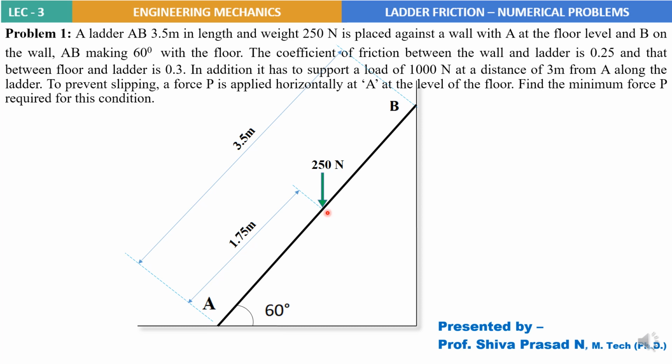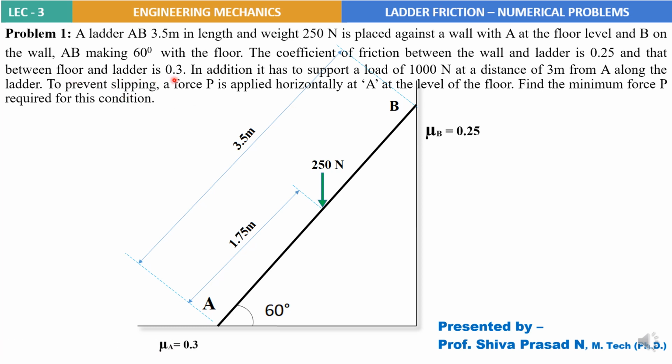Next, moving on, some more information is given, that is coefficient of friction between the wall and ladder is given to be 0.25, that is between wall and the ladder, I am representing it by mu B, coefficient of friction mu, and at B mu B equal to 0.25, and that between the floor and the ladder is 0.3.